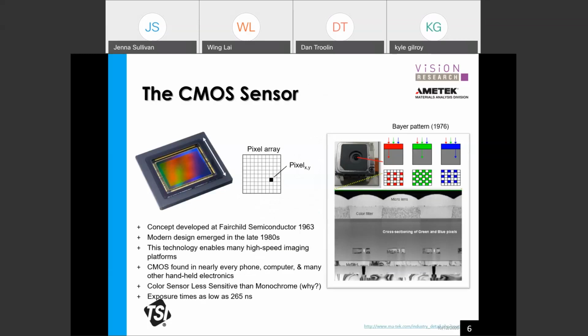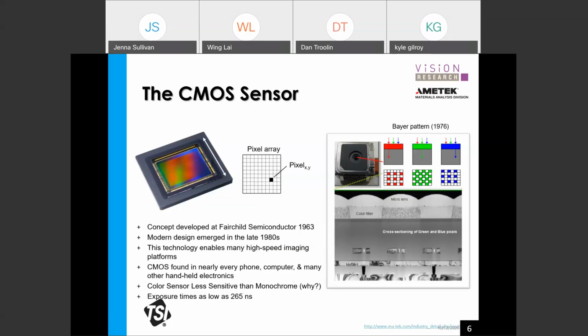Really the workhorse of the whole system is the CMOS sensor. So what is that? A CMOS sensor is basically an array of pixels that span the X and Y direction. This technology was invented in the 1960s. It was modernized in the 1980s.